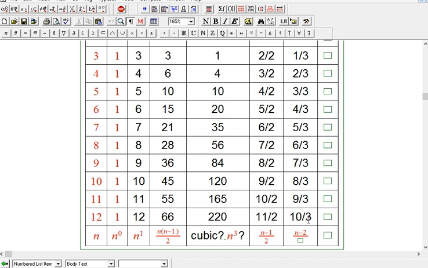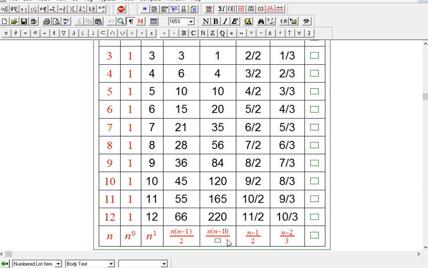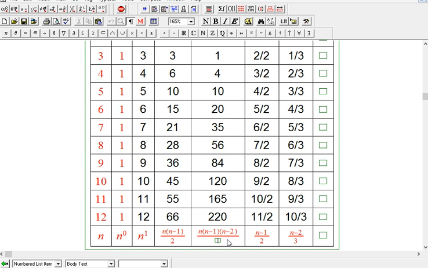Notice n was 12, and this is 10, 11, that corresponds to 9 over 3. I'm not saying these numbers are n minus 2 over 3, but the ratio of these to this one, where we know a formula, is n minus 2 over 3. So now we've got it: n, n minus 1, n minus 2 over 3 times 2.